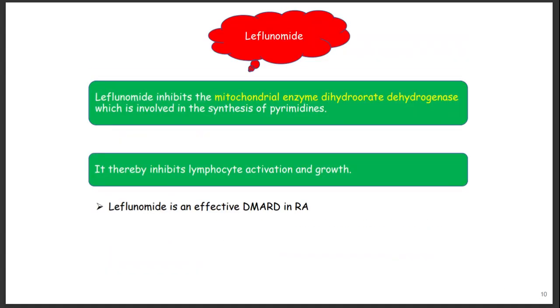Leflunomide inhibits the mitochondrial enzyme dihydroorotate dehydrogenase, which is involved in the synthesis of pyrimidines. It thereby inhibits lymphocyte activation and growth, because actually the lymphocytes are destroying our cells because of the reaction.